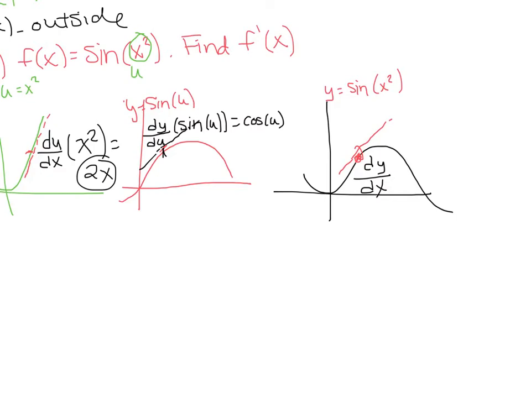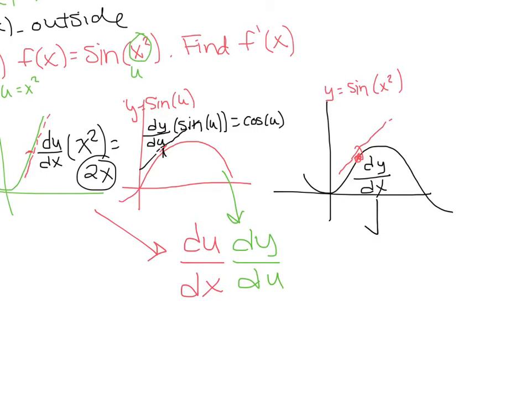So I know that my derivative here I wrote as du dx, okay? My derivative for sine of u I wrote as dy du, okay? And I know that the derivative of my composite function needs to be dy dx. So think about it for a second.